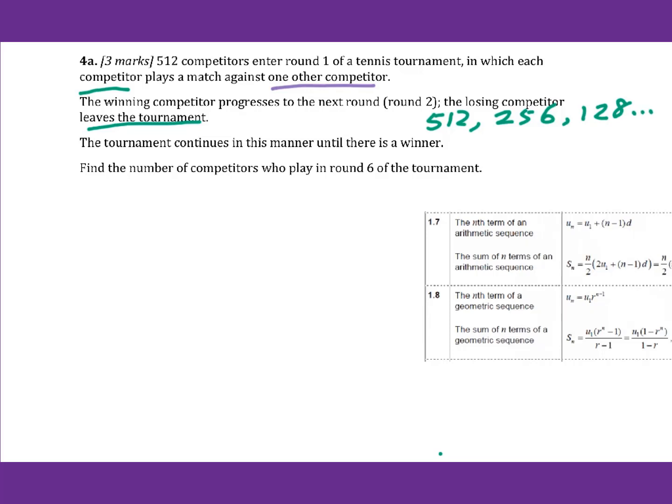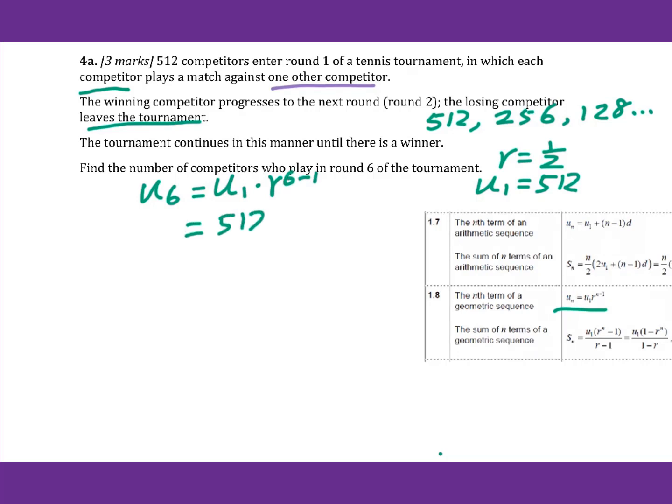Therefore, we know that r equals 1/2, and u sub 1 equals 512. We are looking for u sub 6. Using this formula, you will get u sub 1 times r to the n, with n turning into 6, 6 minus 1. So you have 512 times 1/2 to the 5th power, that is 16.